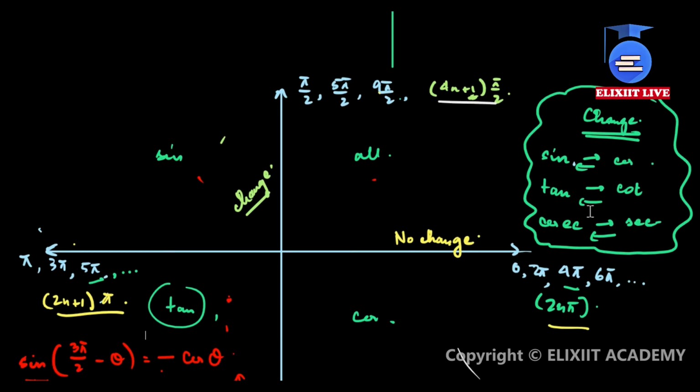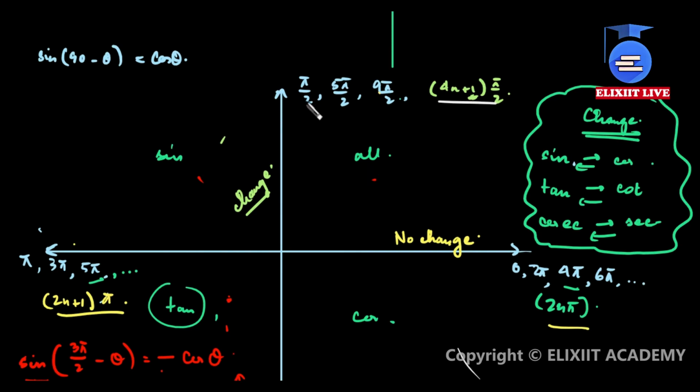That's why you used to have sine 90 minus theta is cos theta. 90 is pi by 2, so pi by 2 minus theta comes in the first quadrant, where everything is positive. Sine 90 minus theta is cos theta.